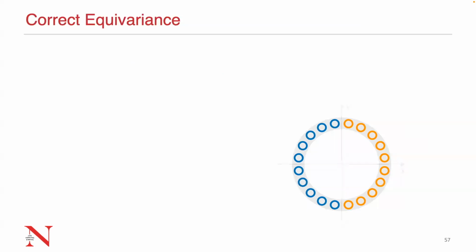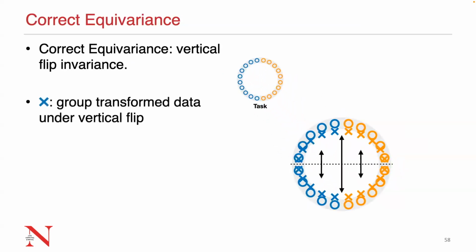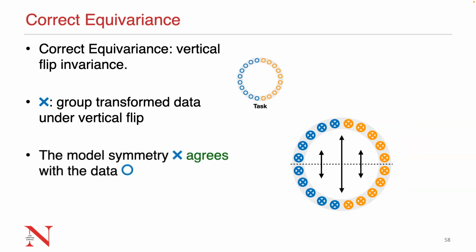So let's first imagine an equivariant network that's invariant to vertical flip. Here I'm showing the group transformed data under vertical flip using crosses, and the circles are the original data. If we compare the crosses and the circles, we can see that their colors perfectly match. That means the symmetry in our model agrees with the symmetry in the data, and we call this correct equivariance.